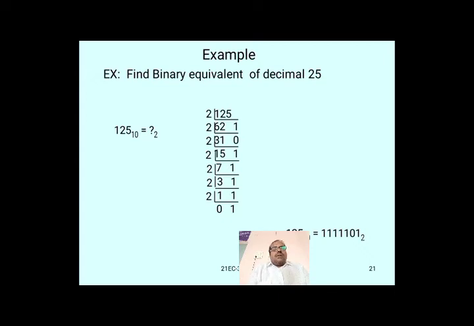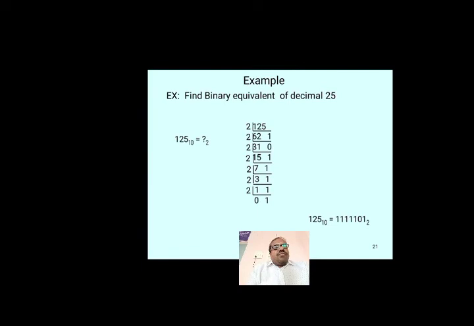Okay. Now, representing is from bottom to top. So 1 1 1 1 1 0 1, five ones, 0, 1. 125 base 10 is equal to 1111101 base 2.